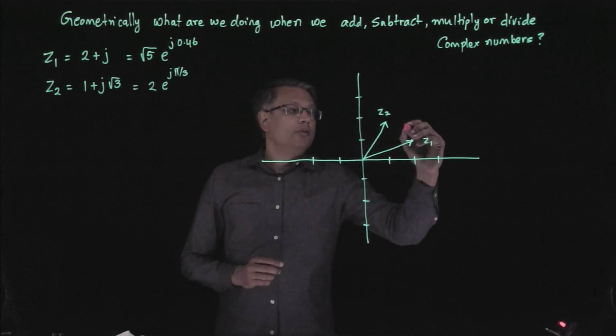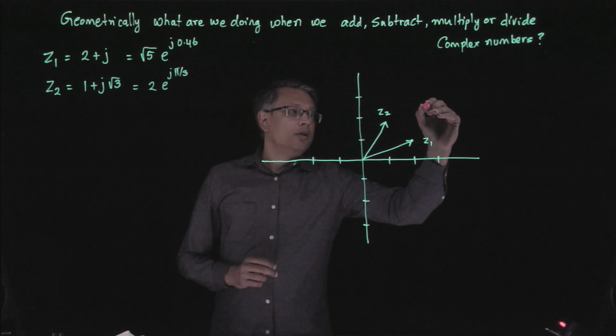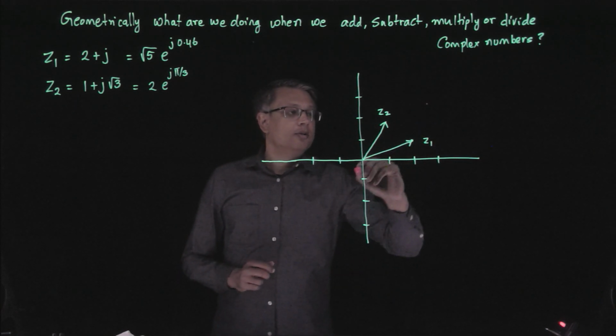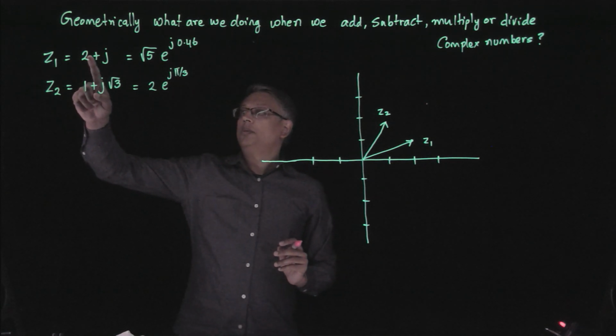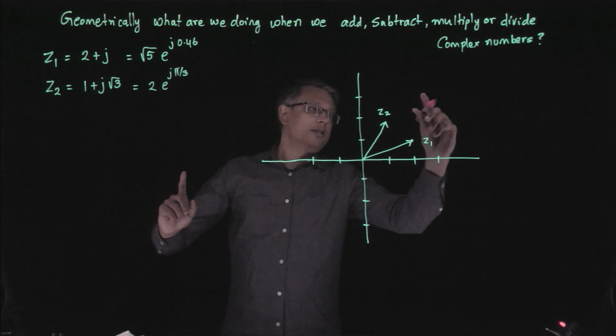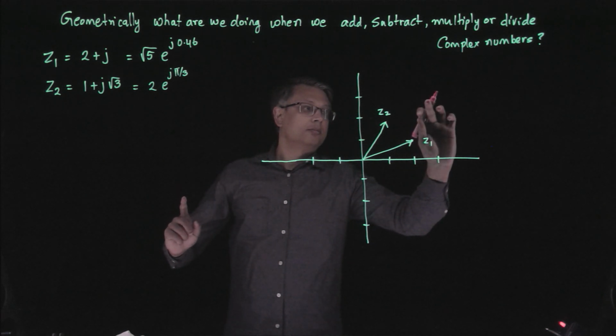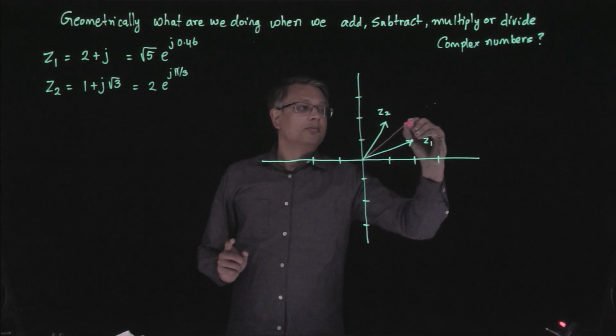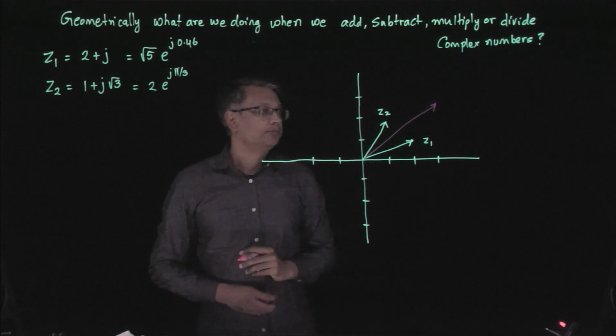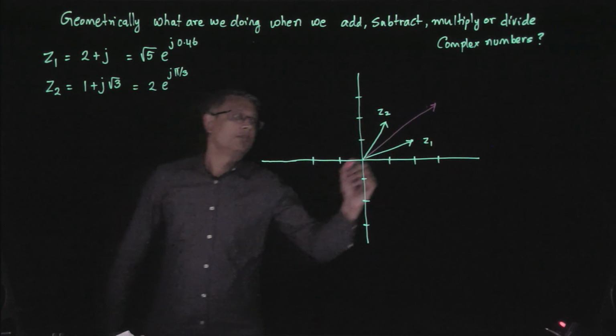So if you do that, your answer is going to lie somewhere over here. It's going to be 3 units along this axis, so maybe over here. So that's z1 plus z2.